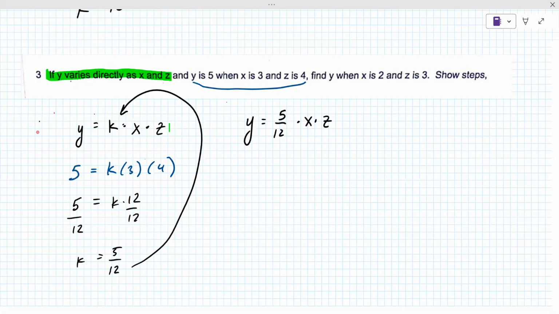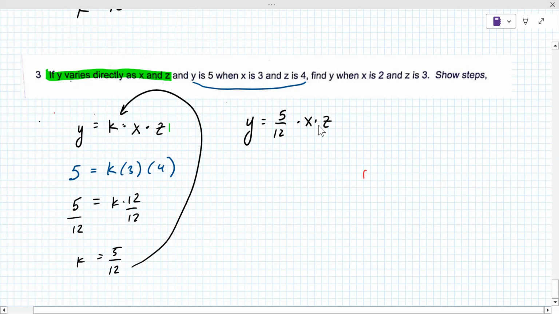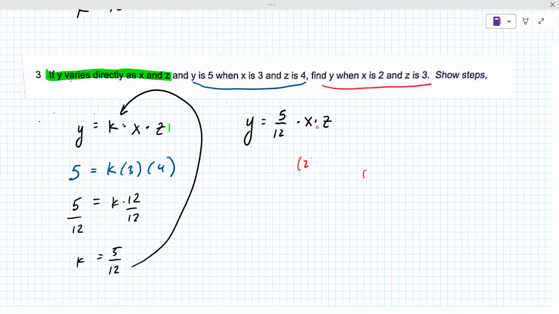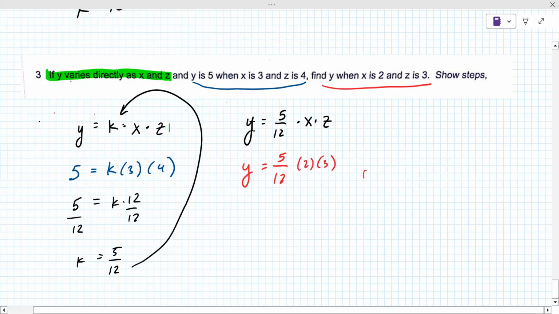Okay, now this is where I thought most of the problems are going. Typically, you write the equation. We did that. We got the equation, solve for k, rewrite the equation. Now they're going to give you two of the three unknowns. So this time they give you x is 2, z is 3, and they're asking you to solve for y. So after you get the equation, they ask you to solve for one of the variables in the equation.